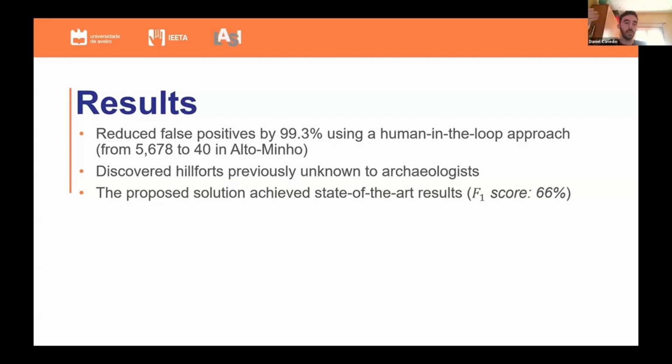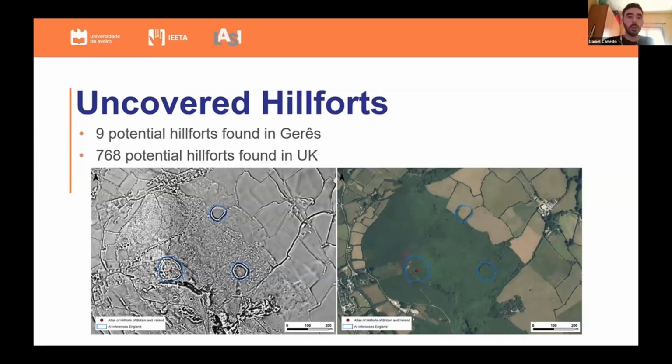So we also discovered hillforts that were previously unknown to archaeologists, and the proposed solution at the time, which was 1 year ago, achieved state-of-the-art results. So of the uncovered hillforts, we found 9 potential hillforts in Jerez and 768 potential hillforts in the UK. I say potential because they were digitally validated by the expert archaeologists in our team.